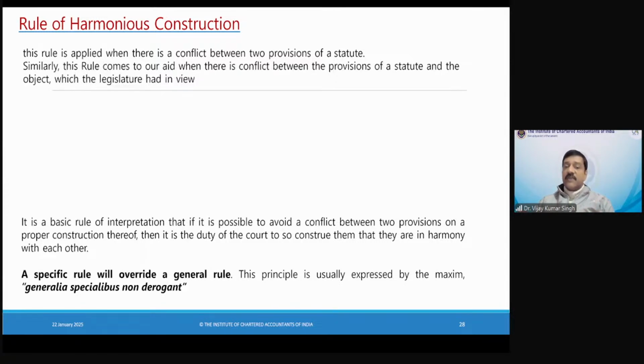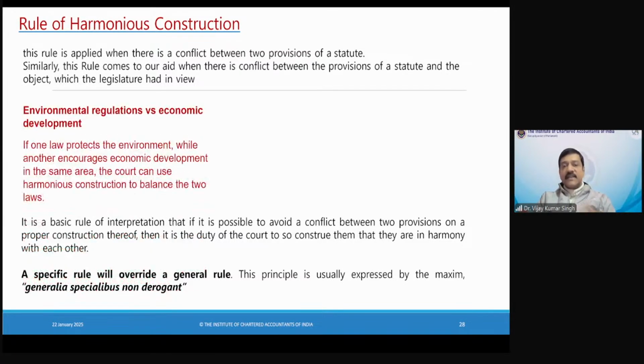It is a basic rule of interpretation that if it is possible to avoid a conflict between two provisions on a proper construction, then it is the duty of the court to construe them so that they are in harmony with each other. A specific rule will override a general rule. This principle is usually expressed by the maxim generalia specialibus non derogant. So wherever there is a special rule, it will override the general rule.